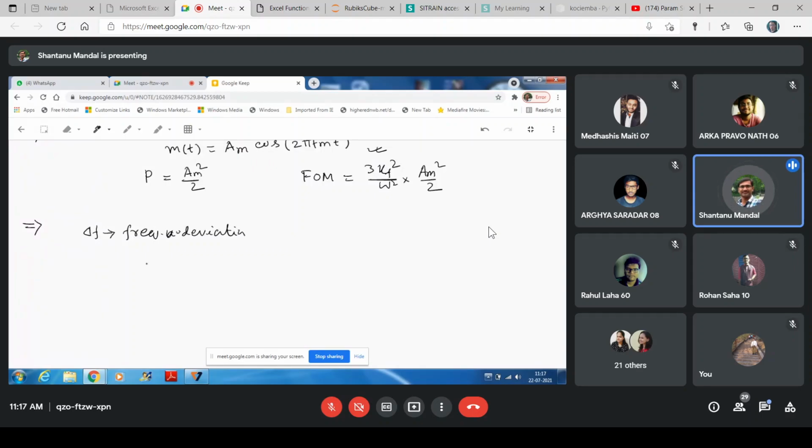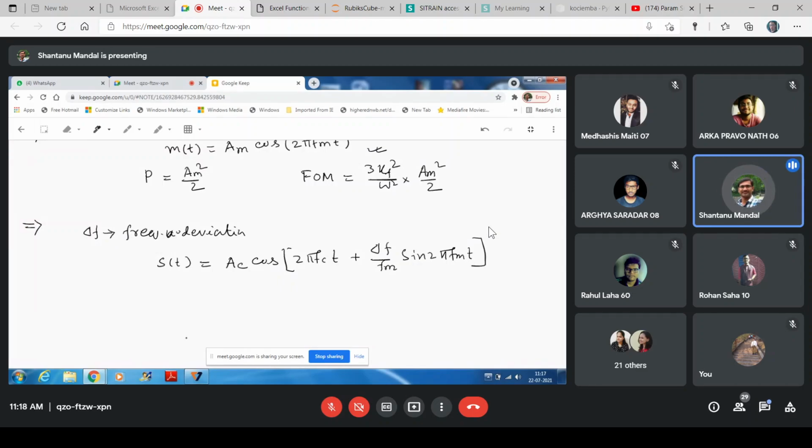Now, s(t) can be written as s(t) equal to AC cos of 2 pi FCT plus del F by FM into sine of 2 pi FMT.